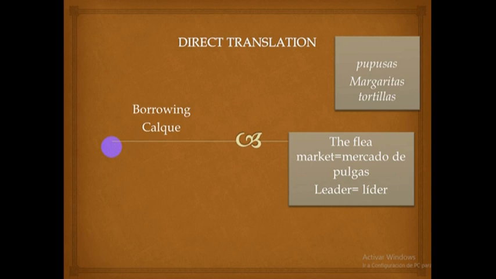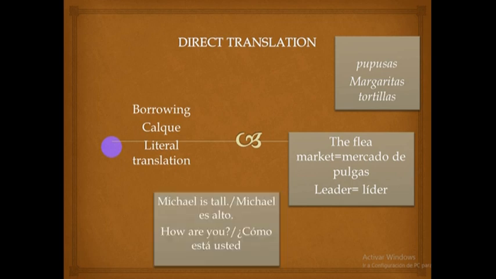Let's see the third and last technique that corresponds to direct translation. That is literal translation. Well, in this technique you can infer that words are exactly translated from one language into another. So let's see the examples. You can see that Michael is tall and the translation is Michael es alto.